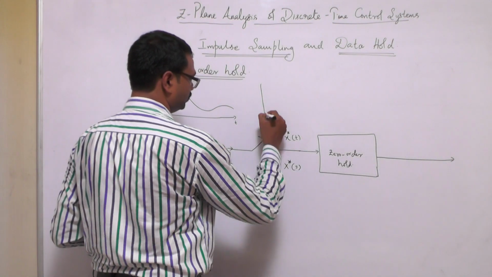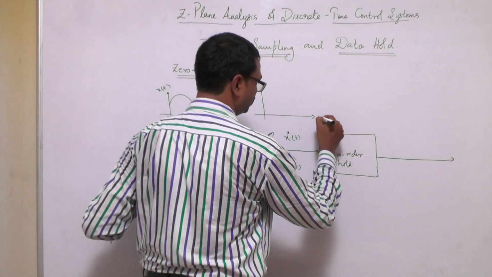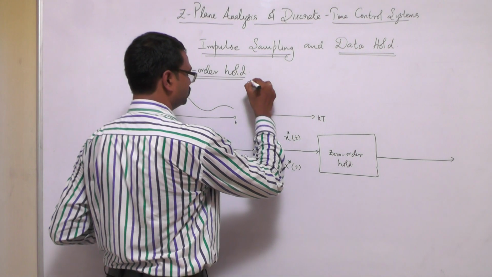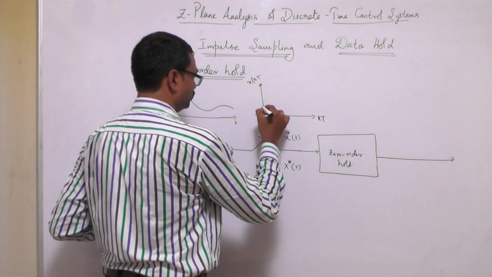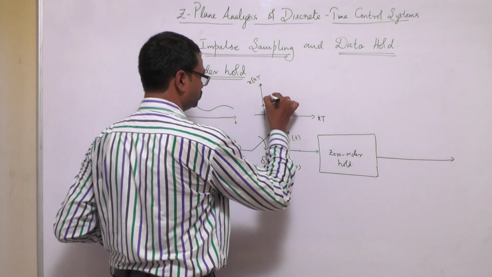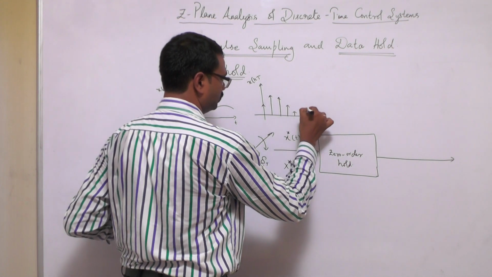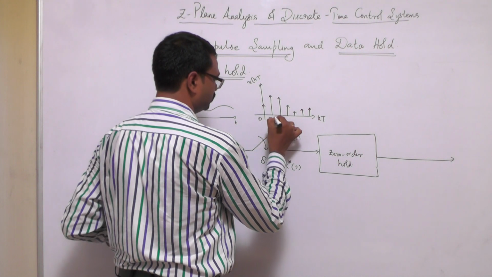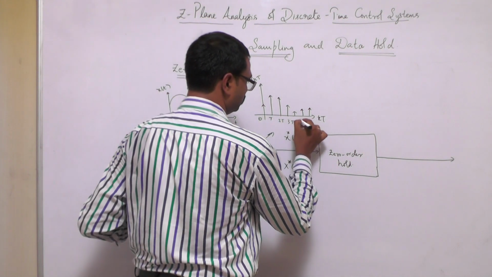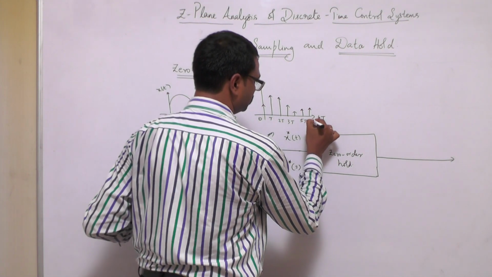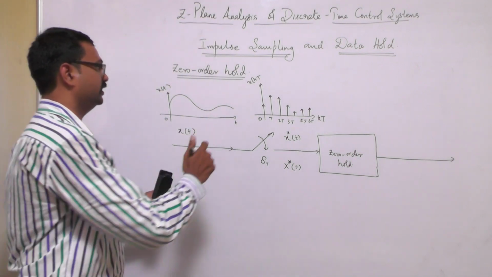Now what is the signal that we are going to get? x of kt, at different instants of time, at 0, t, 2t, 3t and so on. You are going to get x of kt here.